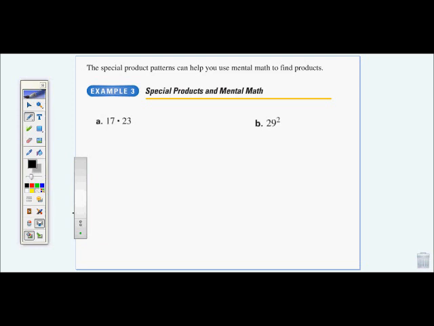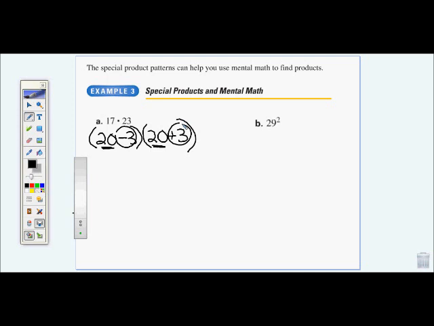So I look at these two numbers and I see I could get to both of them in a product or a sum with 20. I could get to 17 by saying 20 minus 3, and I could get to 23 by saying 20 plus 3. All right, because I have the same term here, and then I have my opposite terms here, I can use the sum and difference pattern.